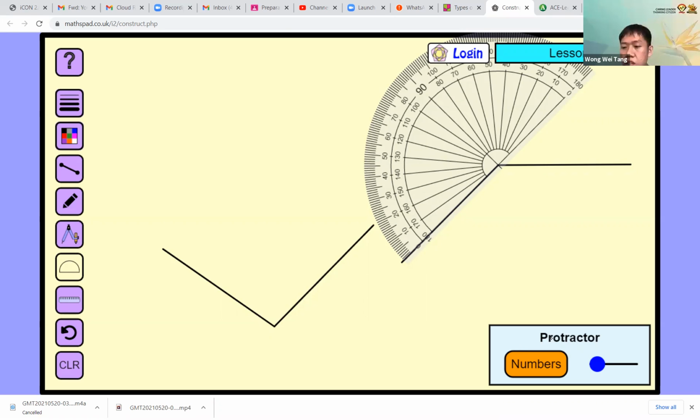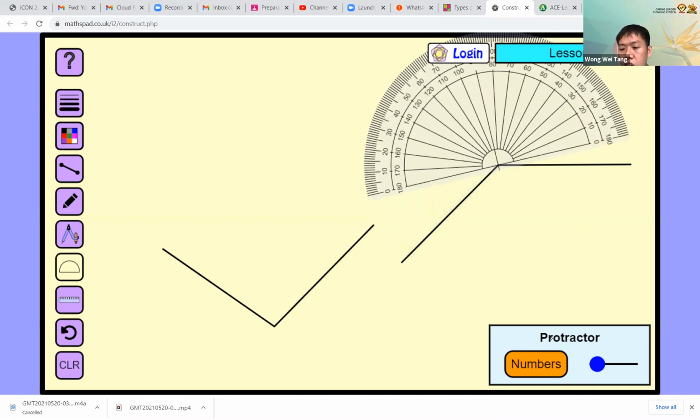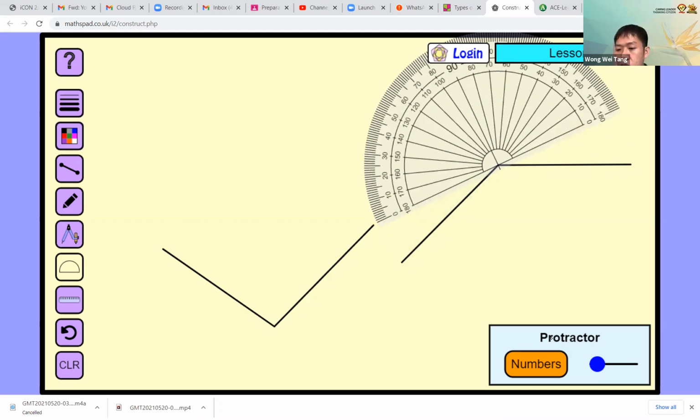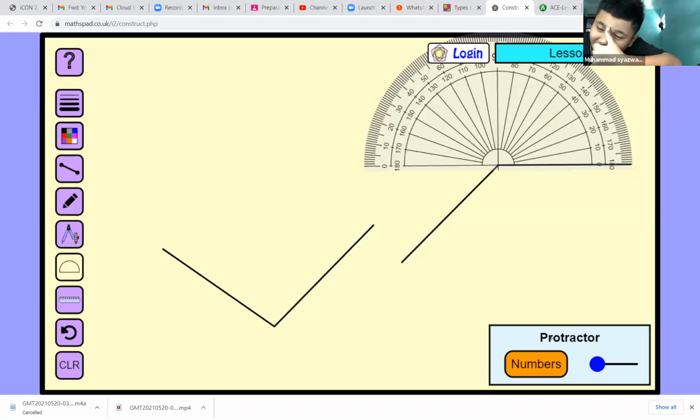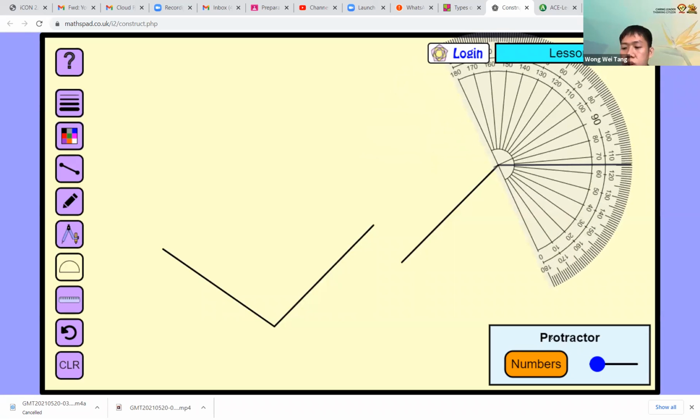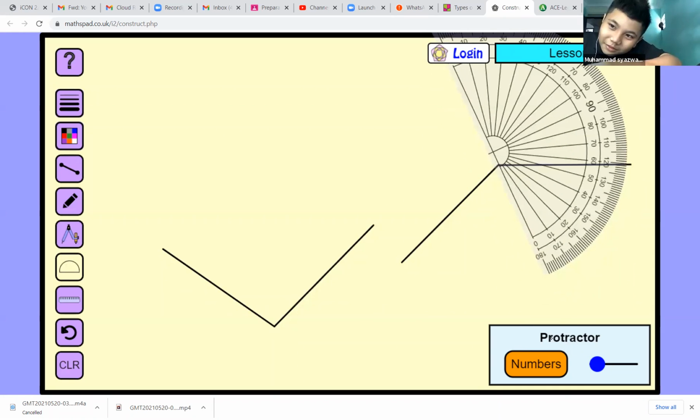Now for where my protractor is, I'm trying to measure the angle on the right. Can you tell me whether my protractor is placed correctly now? No. Wrong. How about now? Is it placed correctly? No. Still no? How about now? No. Okay.